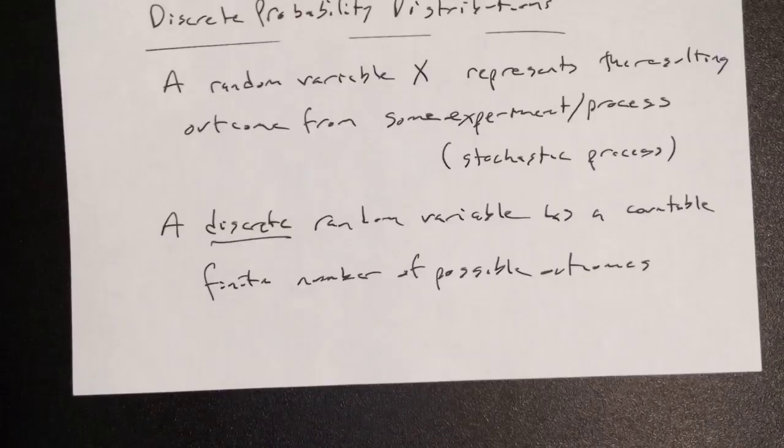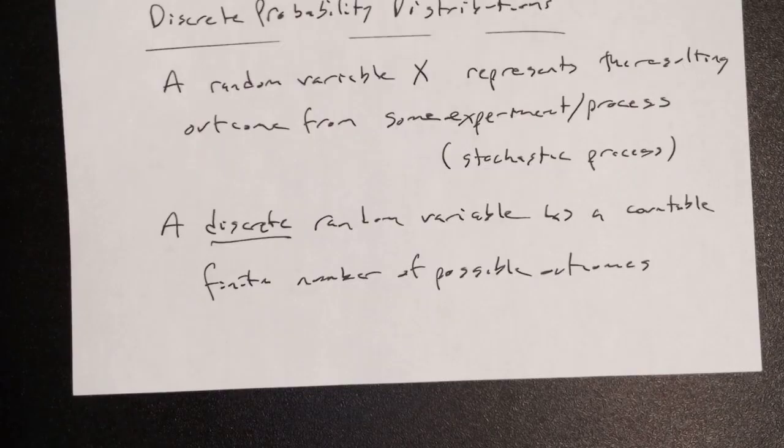It could be 3, but it could be 300, right? I don't know how busy the phone is over there. But if I say the number of phone calls is between 0 and 300 on any given day, then I can look at the numbers from 0 to 300 as my outcomes.